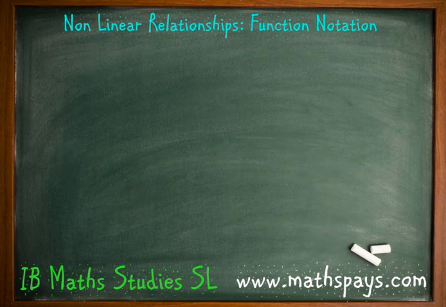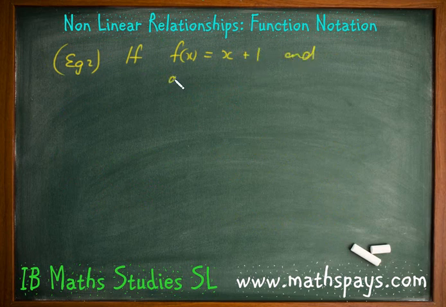Again, it's not particularly challenging, but as I mentioned, it is different, and sometimes different things become challenging. There are some harder ones. Let's look at example 2. If f of x equals x plus 1 and g of x equals x squared, find the following. For A, find f of 2.